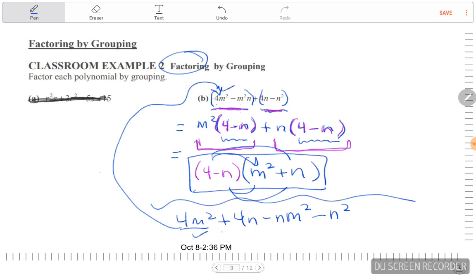I'll do them from left to right down here. Then plus 4n, right here. So that's good. Negative nm squared. This one says negative m squared n. Is that the same? It sure is, because remember, in multiplication, you can rearrange the order, it's fine. So that one's good. Negative n squared, good. So yay.